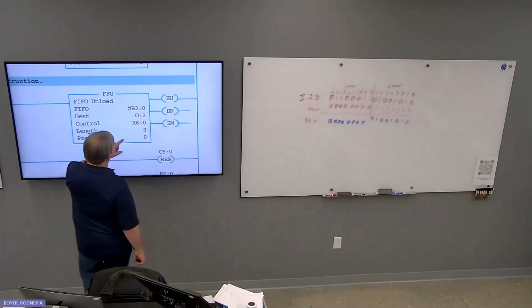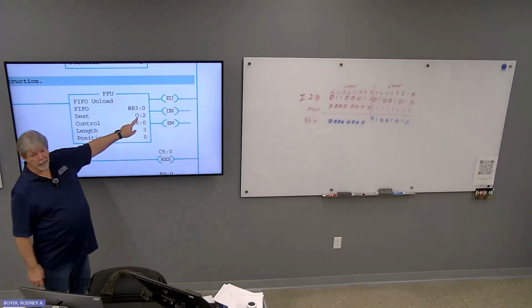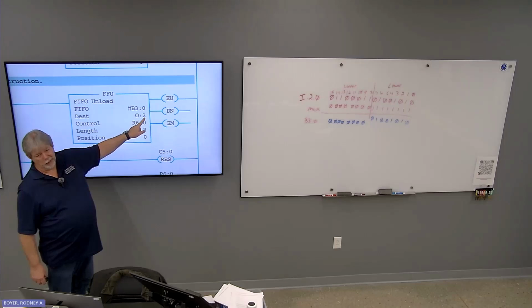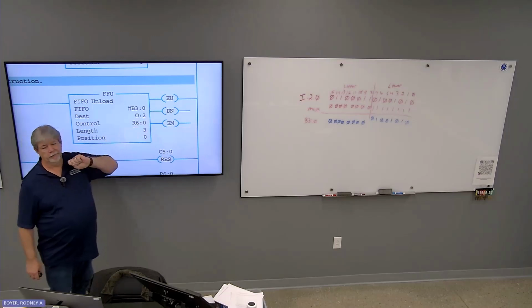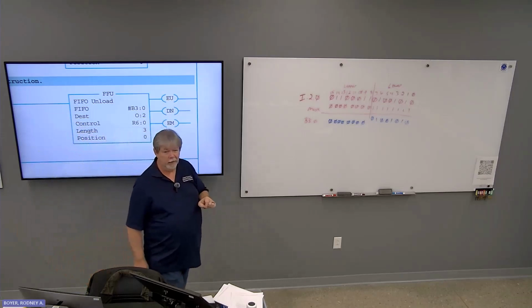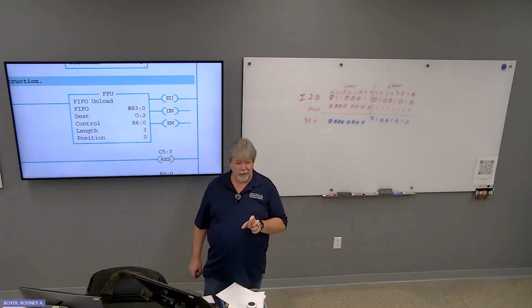That has to be word level addressing. That is the data file type. That is the slot number. That doesn't tell you what word that's actually going to write to. Should be .0. That is word level addressing. It must be a period. If you put a slash in there, that's bit level addressing.